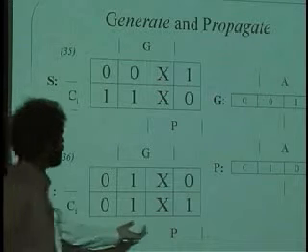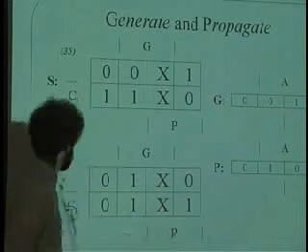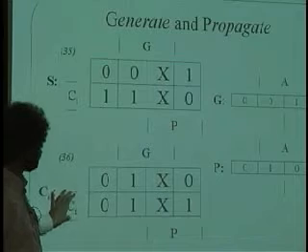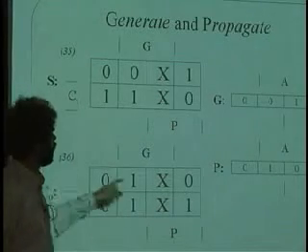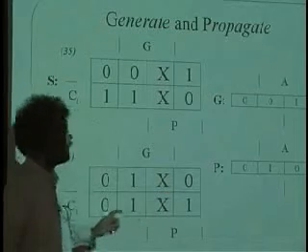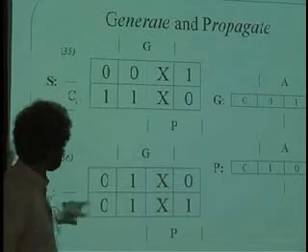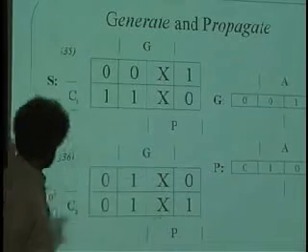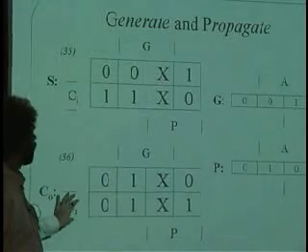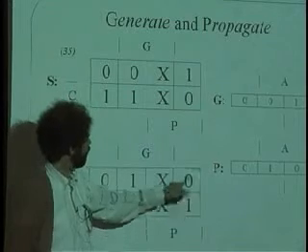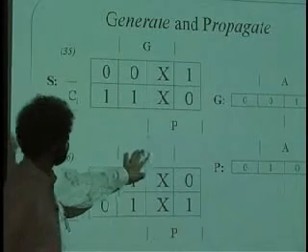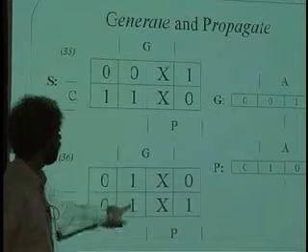If the propagate bit is a 1, then if the carry in is a 1, I'll propagate the answer. And if the carry in is a 0, I will not propagate the answer. In other words, I'll propagate C sub I to the output here. This is C sub O as a function of C sub I. So in the case when P is high, I'll generate a 1 here and a 0 here. In the case when G is high, I'll generate a 1 here and a 1 here.